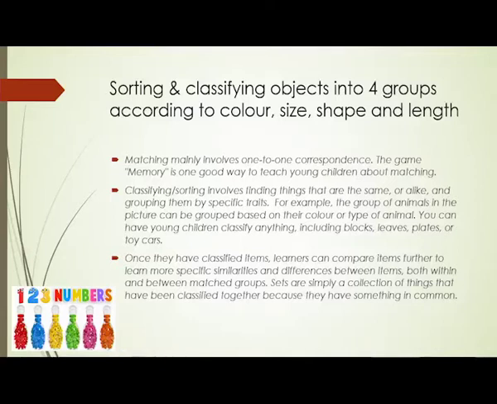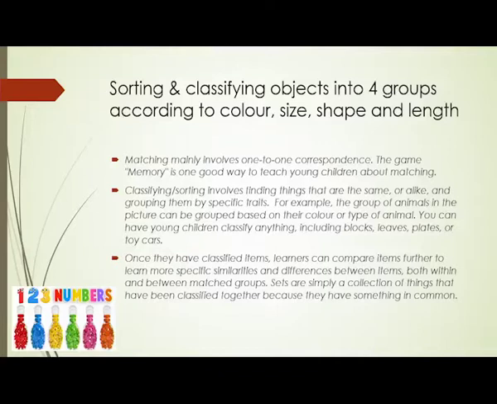Right? So classifying and sorting involves finding things that are the same or alike and grouping them by specific traits. For example, the group of animals in a picture can be grouped based on their color or type of animal. You can have young children classify anything, including blocks, leaves, plates, or toy cars.